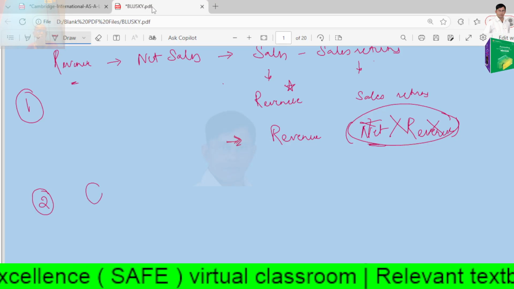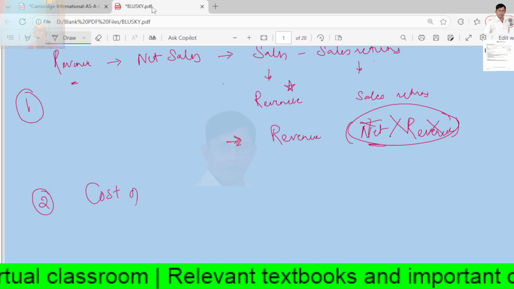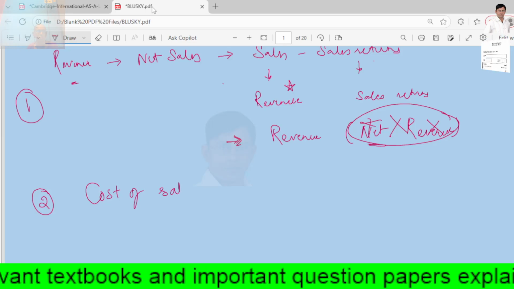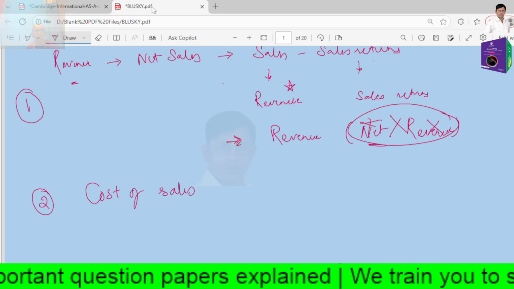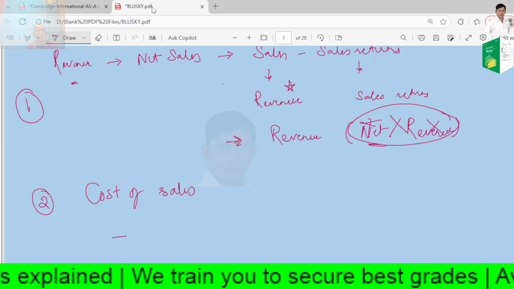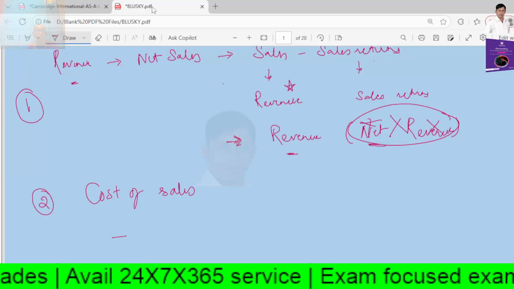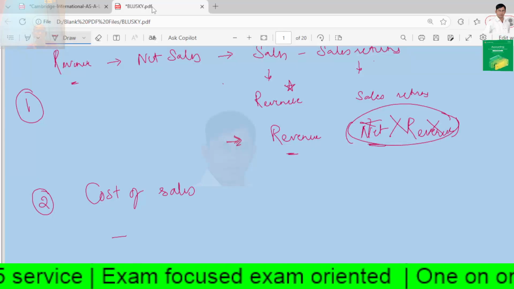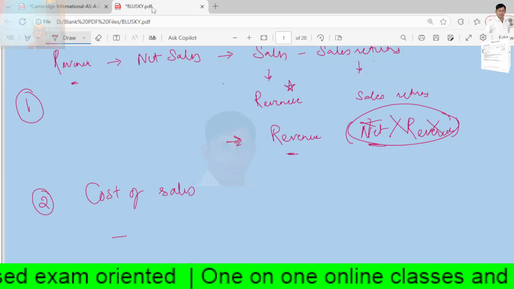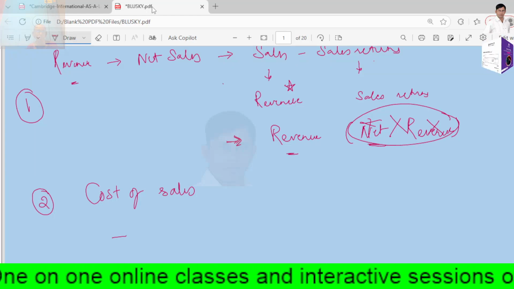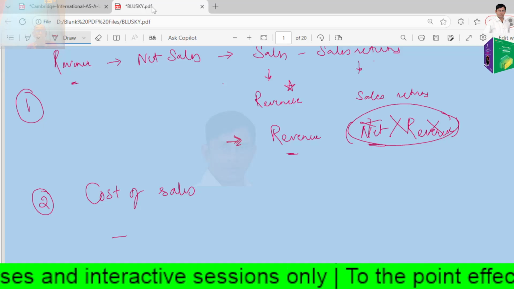The second point is cost of sales. So what is cost of sales? To make this revenue, you incur some expenses. That is known as cost of sales.